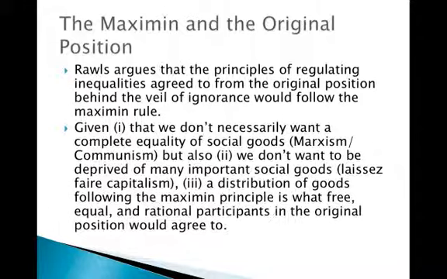So we don't want complete equality, but we don't want the kind of situations you get with inequality where the worst off are really bad off. Instead, you want a distribution of goods. So a distribution of goods that follows the maximin principle is what, according to Rawls, free, equal, and rational participants in the original position would agree to.